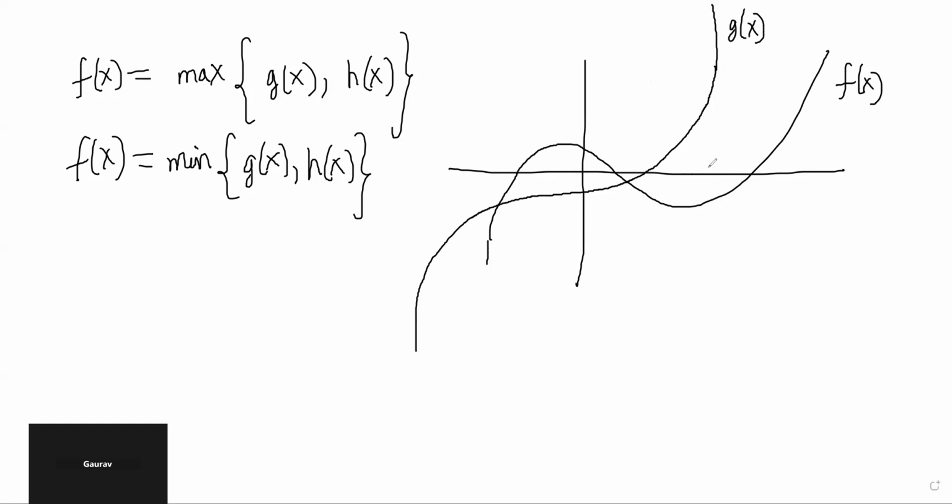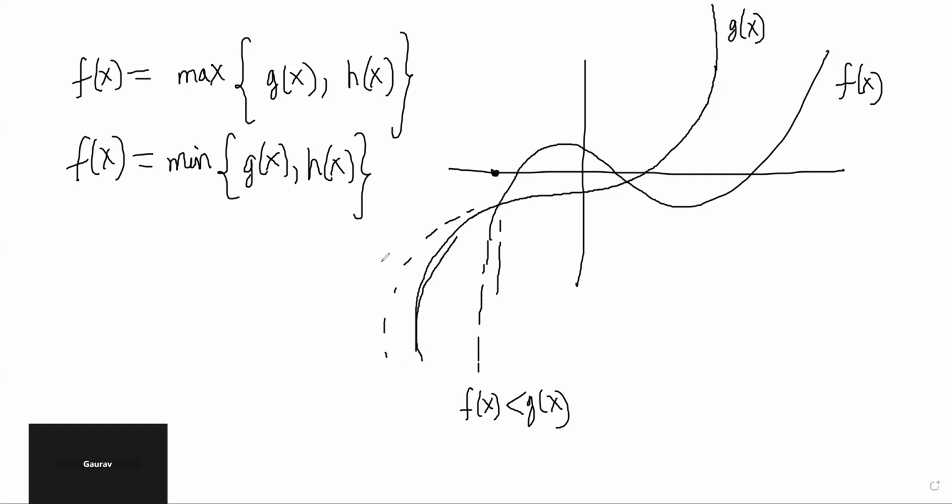Yes, sir. So what we can see here is that till here, which graph is lower? It is f of x that is lower, no, till this point before that. f of x is lesser than g of x, but g of x is bigger than f of x here.